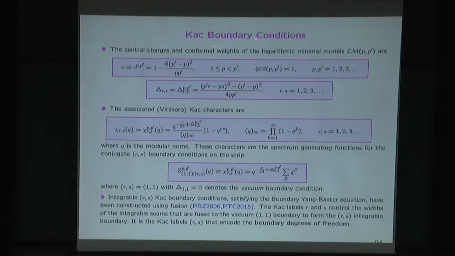You can construct an infinite family of integrable boundary conditions of Kac type by simply generalizing the known construction for the rational minimal models, and when you do numerics on finite size strips and extrapolate the conformal data, you reproduce precisely these characters and conformal weights given by these strip conformal partition functions.